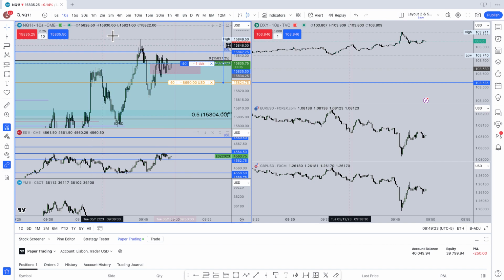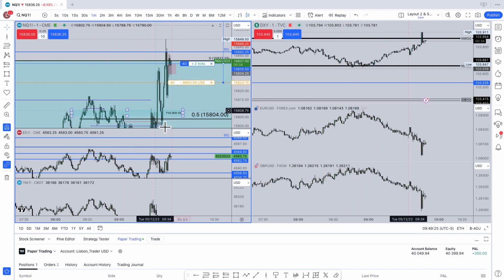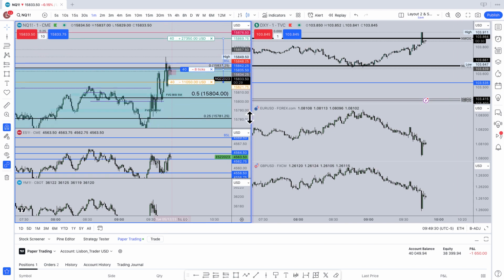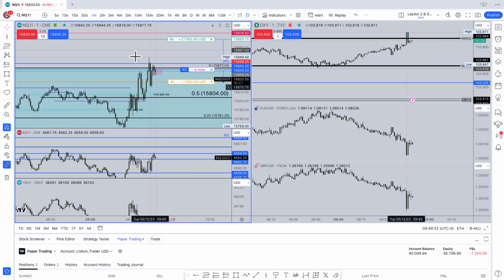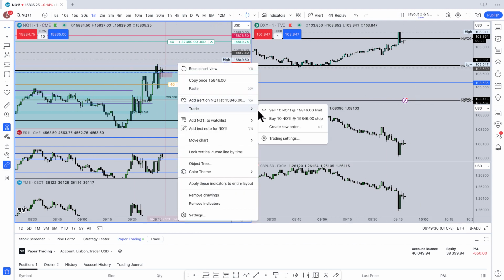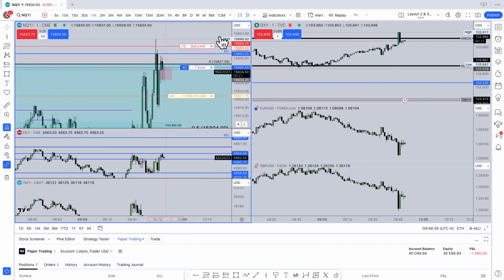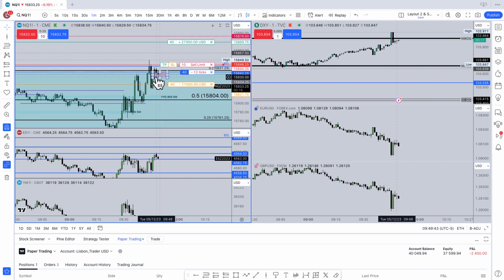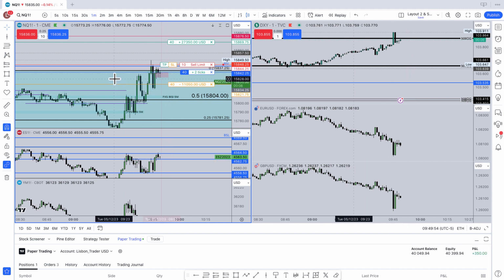There's no market structure shift on ES, so this wants to go higher. Or bump into this higher bound of the fair value gap and keep on resuming lower.